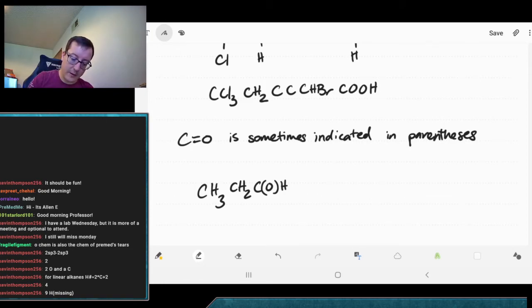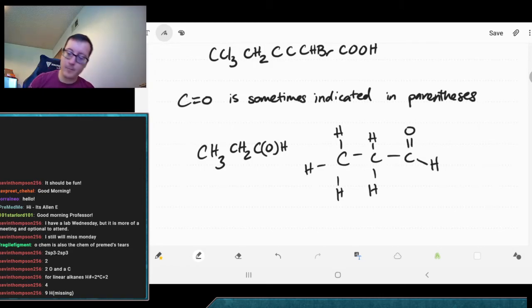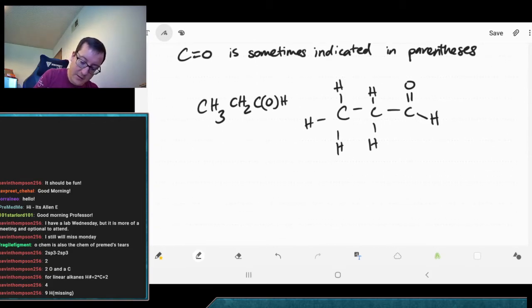And so what this will look like is we'll have our CH3CH2, and we'll have a C double bond O and then a hydrogen also on the carbon. That's to differentiate, just to make sure that we don't do something like this.